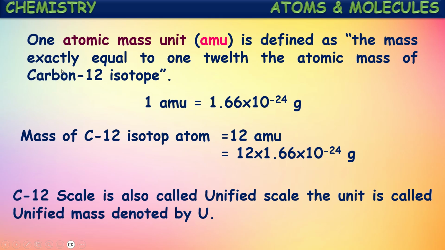I already gave the definition: atomic mass unit is 1/12th part of the mass of the C12 isotope, called AMU. The numerical value of AMU is 1.66 into 10 to the power of minus 24 grams.